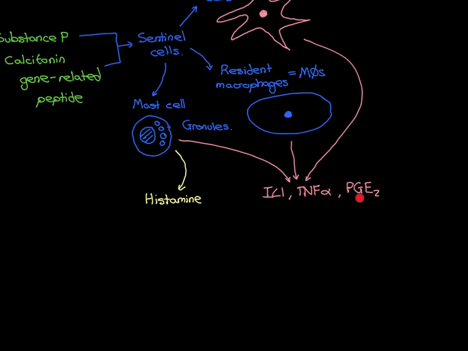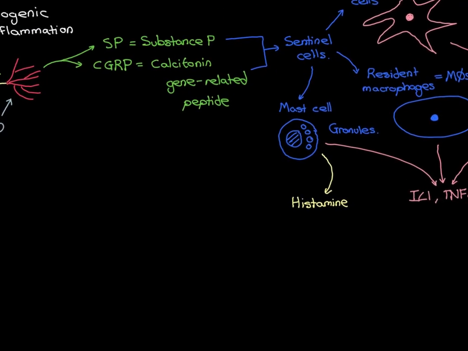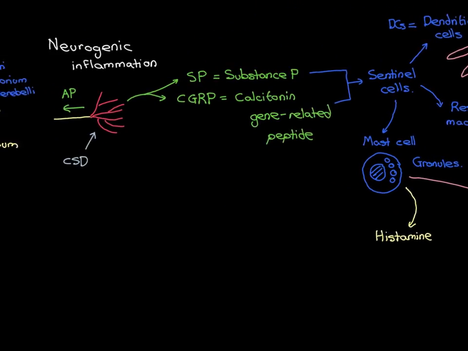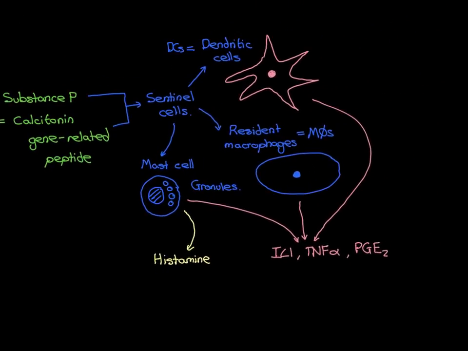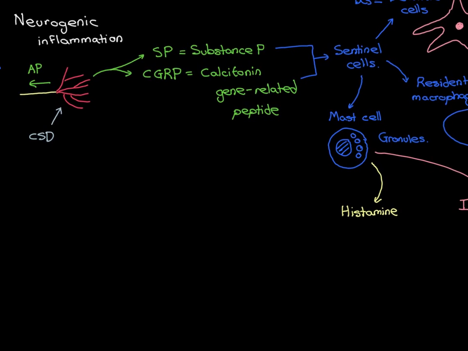Right, so prostaglandin E2 is the major mediator of inflammatory pain. It can activate nociceptors and cause pain, cause them to fire action potentials down the primary nociceptive afferent. So you might see how there's going to be a vicious cycle here, which is actually going to be a vicious spiral, because the nociceptors release these, they've activated sentinel cells to now release prostaglandin E2.